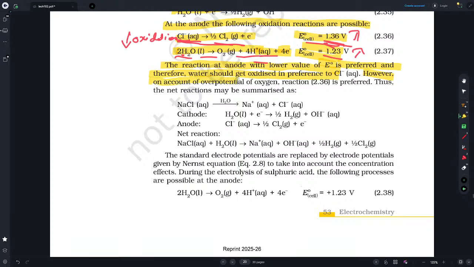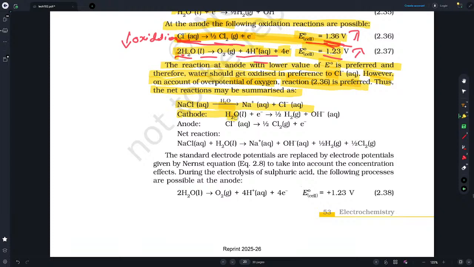On account of overall potential of oxygen reaction, 2.36. And normally that is the case. However, on account of overpotential of oxygen reaction, the chlorine reaction is preferred. Thus, the net reaction may be summarized as follows: the dissociation of sodium chloride in water to give Na+ and Cl- ions.